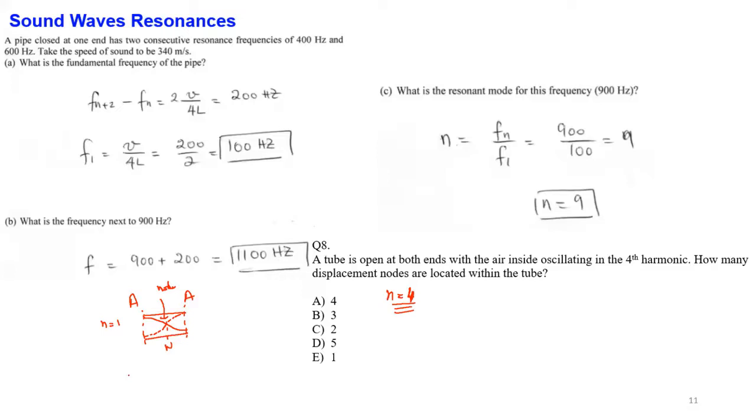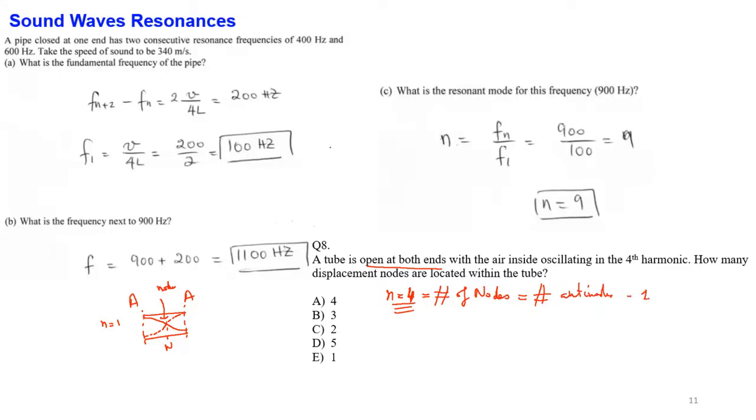If I have 2, you can draw it, but we discussed that already. If I have a tube with 2 open ends, n, which is the harmonic number, is equal to the number of nodes. It's equal to the number of antinodes minus 1.